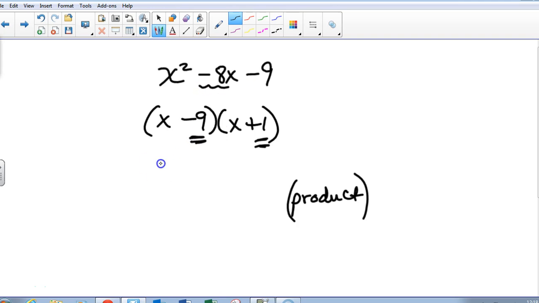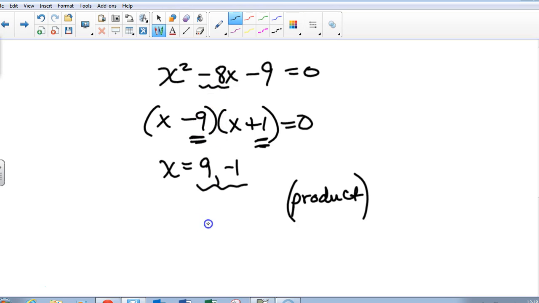Add to that. Now be a little bit careful. The solution to this is what? If we set it equal to 0. This is a positive 9 and this is a -1. Do those add up to be -8 right here? No, it's the opposite, okay?